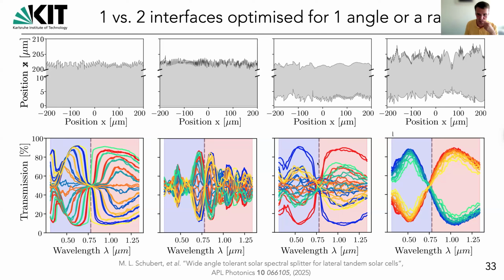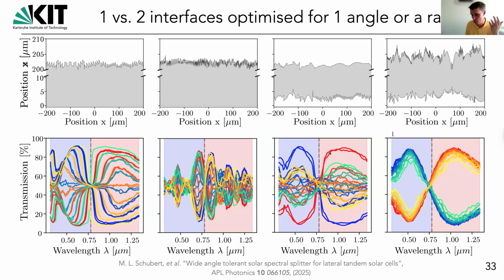Here we have a solution where these blue colors go on one lateral tandem solar cell and this red color on the other. If you make this optimized design just for a single angle of incidence, this works quite nicely. All the light goes to one subcell and the other light goes to the other subcell.